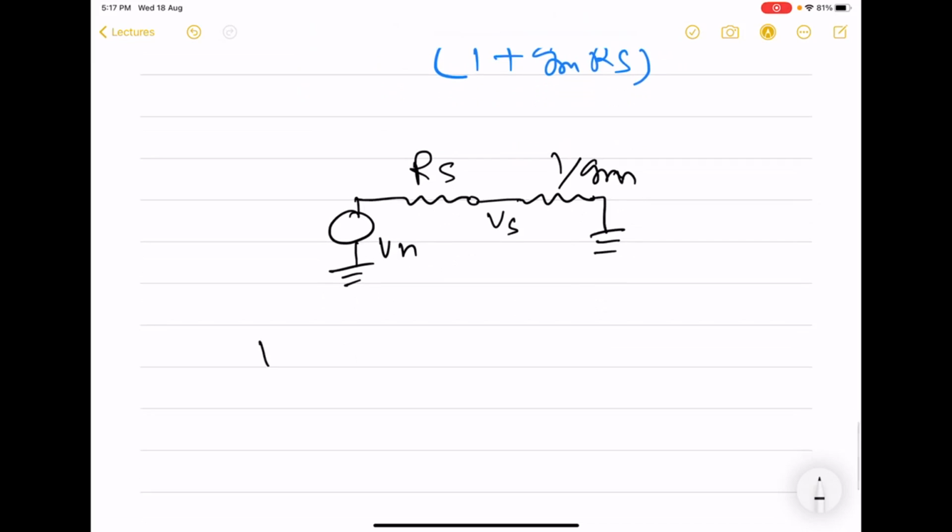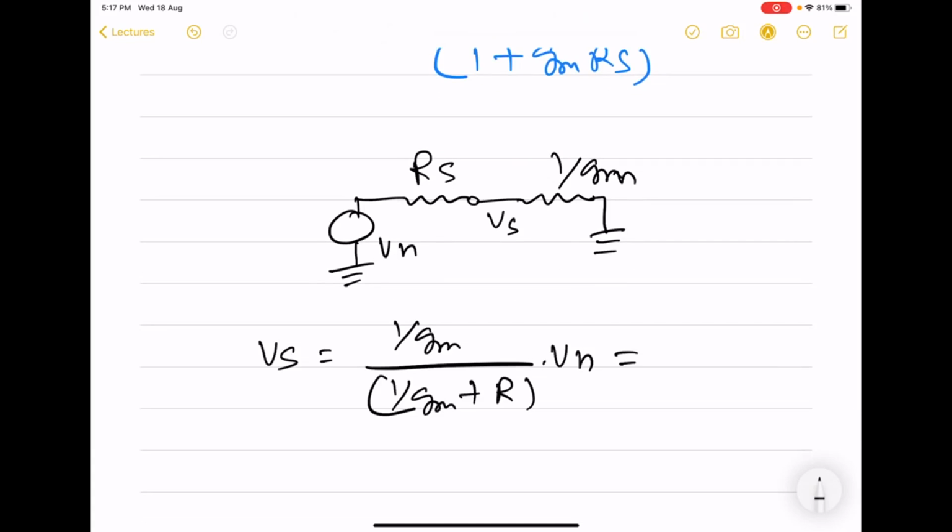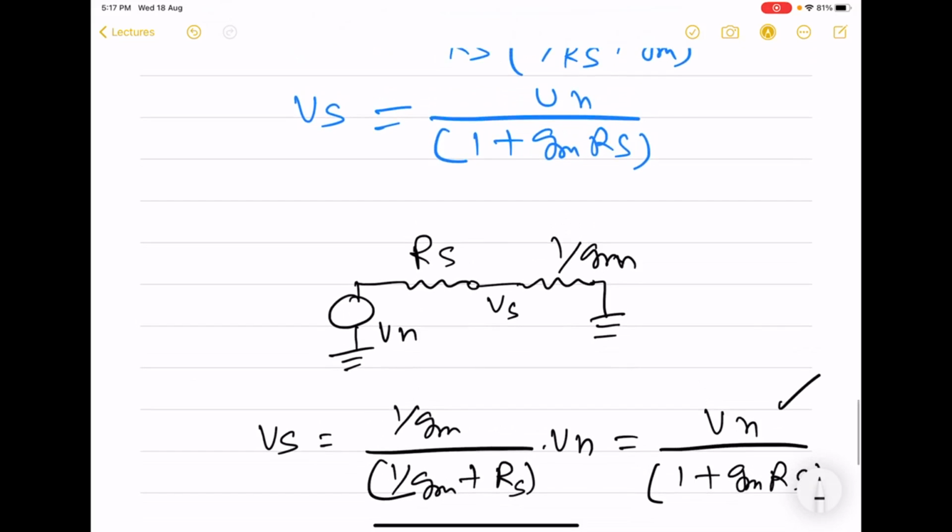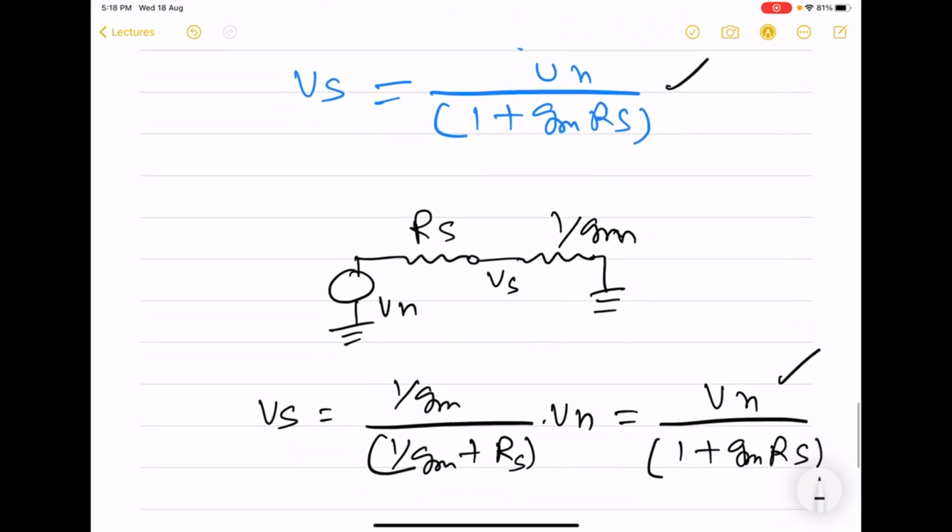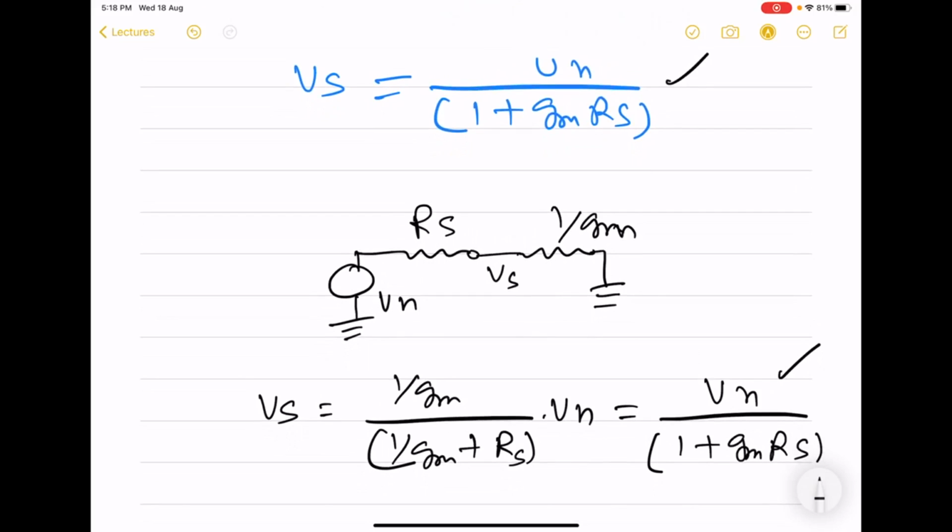So we could have straightaway written Vs as (1 by gm) divided by (1 by gm plus Rs) into Vn, and this will turn out to be Vn by (1 plus gm Rs). So here you can see that this equation is same as what we derived earlier. So sometimes it is possible to do these kinds of shortcuts, but not always.